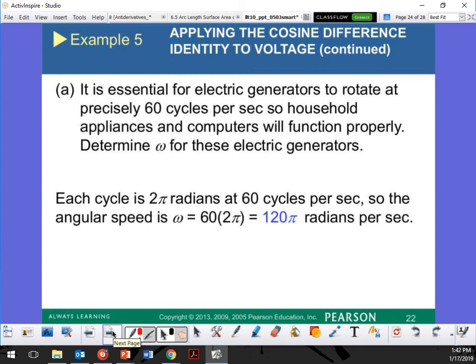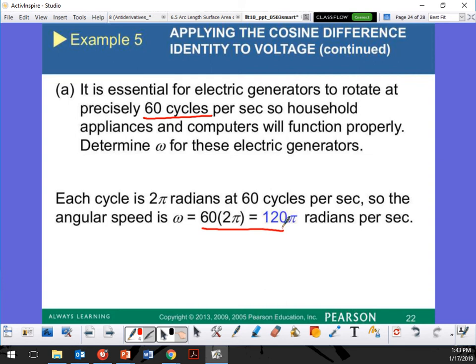Essentially, for electricity, generators rotate precisely 60 cycles per second. So that's what we get right here. So 60 cycles, one cycle is like one rotation, right? Yes, 2 pi. So times 2 pi, my rotational speed is 120 pi per second.